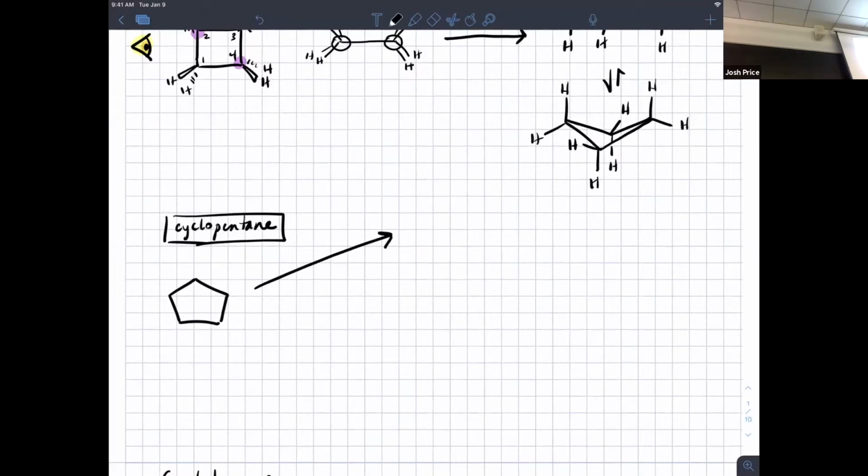If one atom moves out of the plane, then you have what's sort of known as an envelope conformation, because it looks like if you folded this part down, it would be like you were folding up an envelope. It looks like a half-opened envelope.